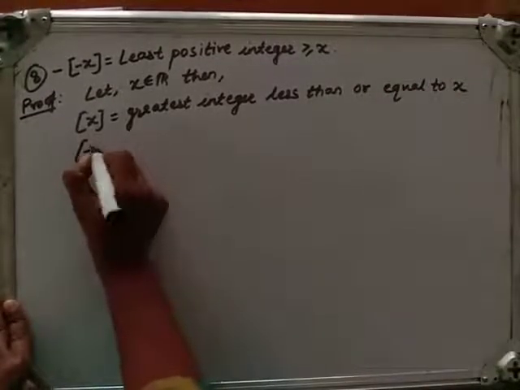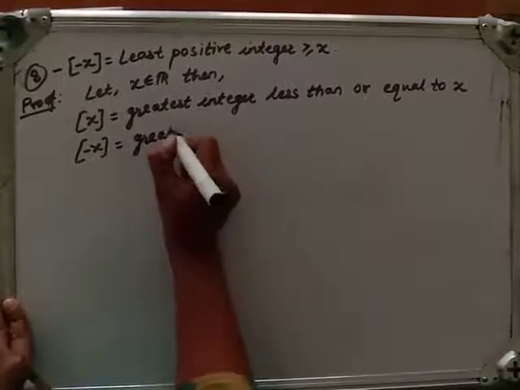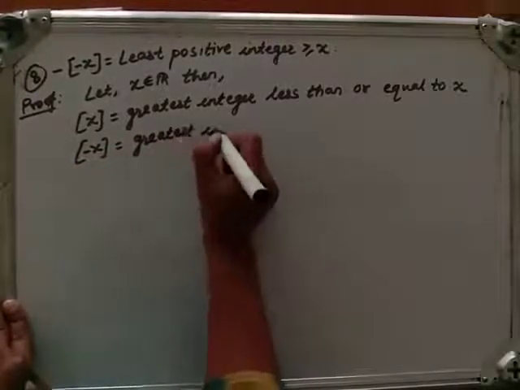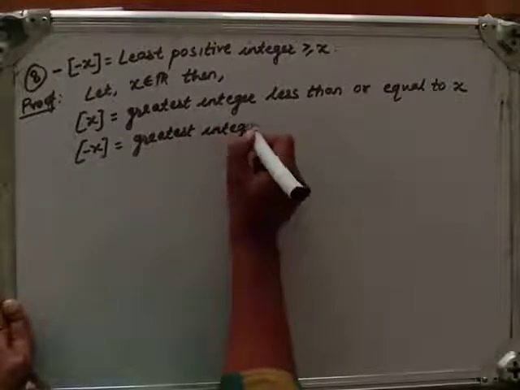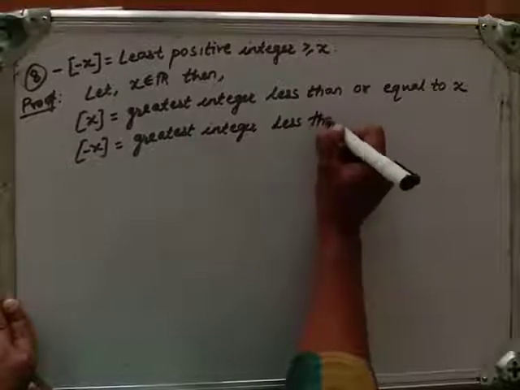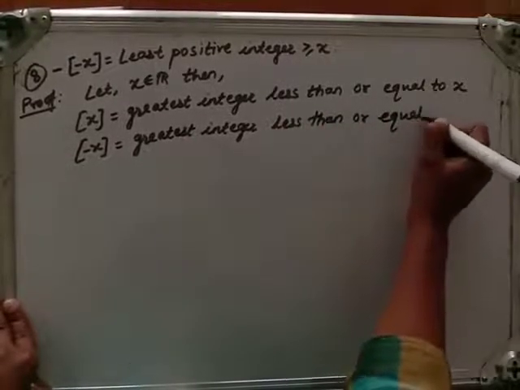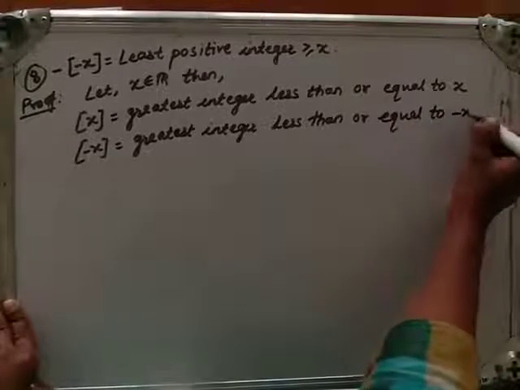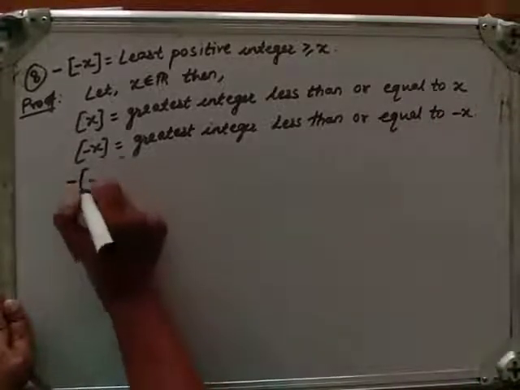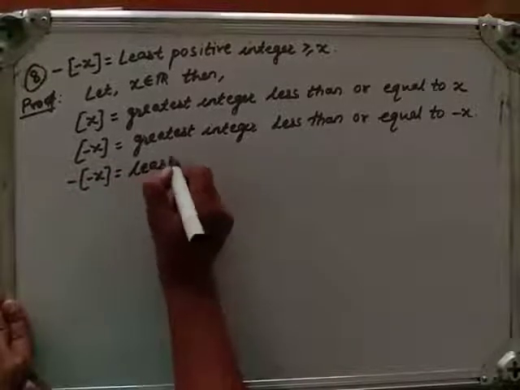If we take this one, this is also the greatest integer less than or equal to minus x, and minus of this is the opposite of it.